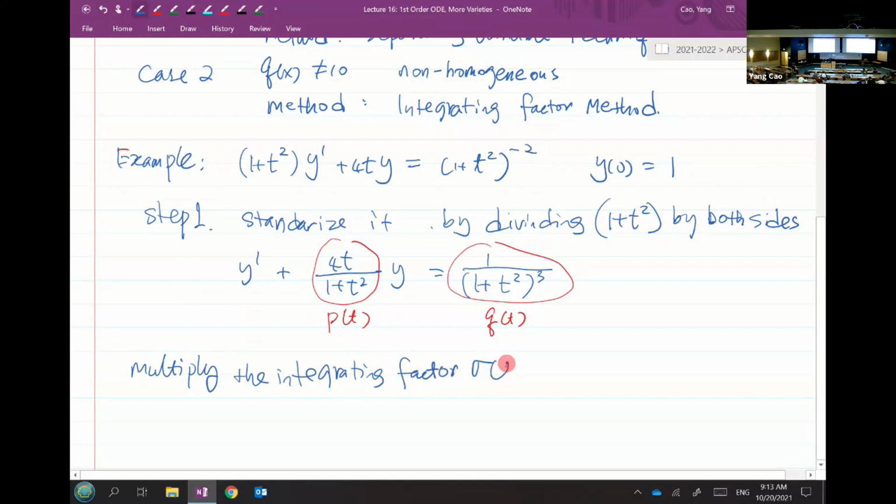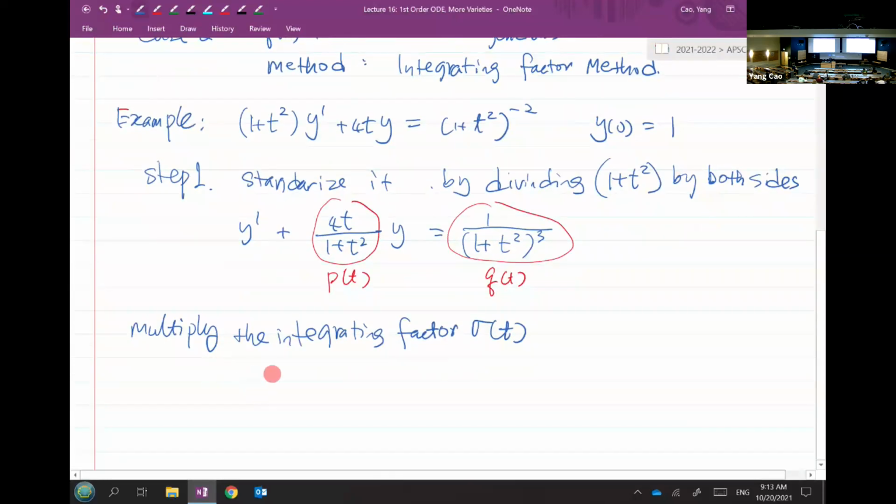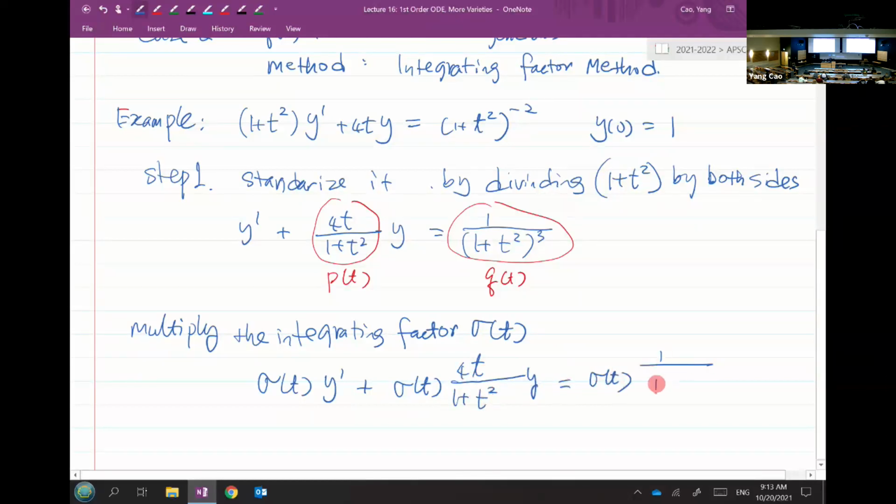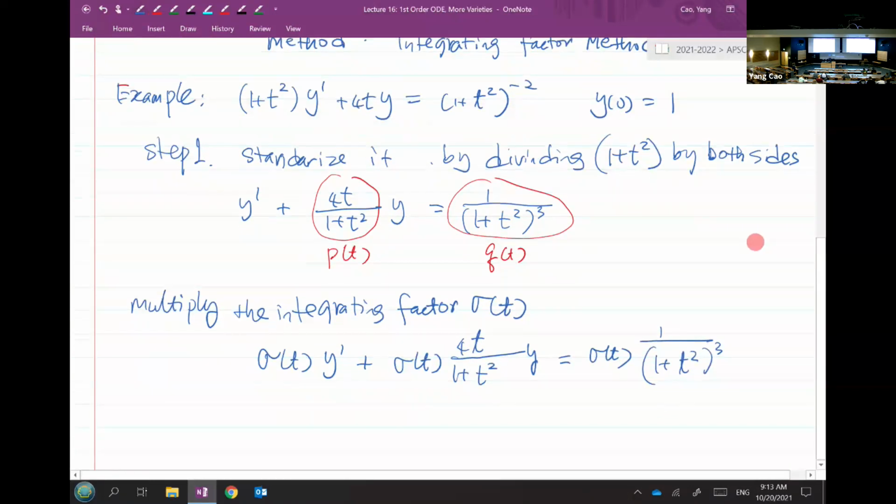In this case, it's sigma of t, a Greek letter sigma. And then you get sigma t y prime plus sigma t, it's a big term, but you can get it over here.